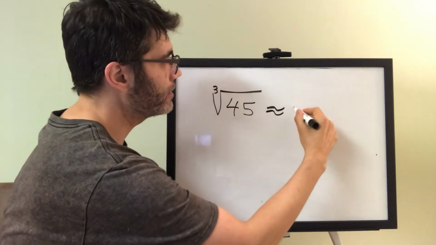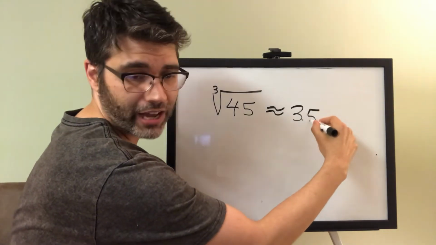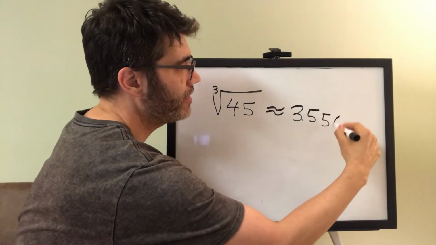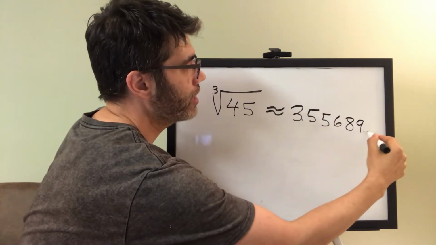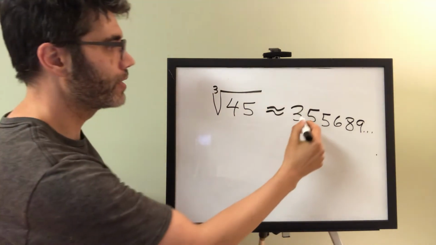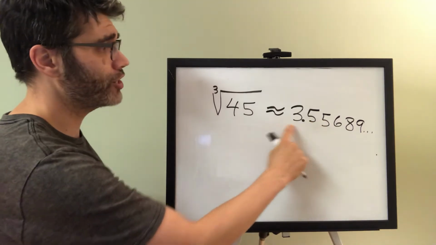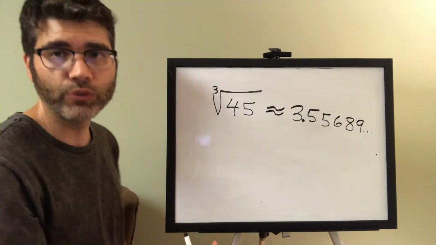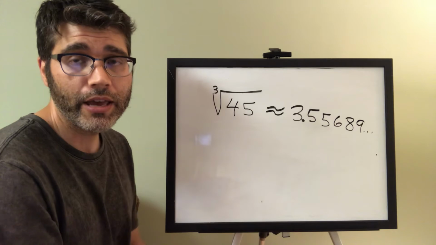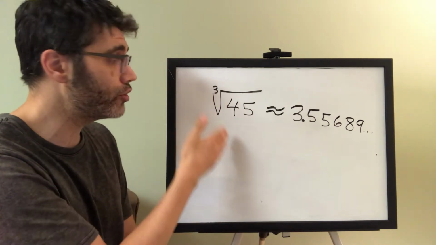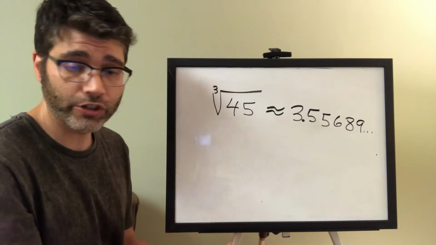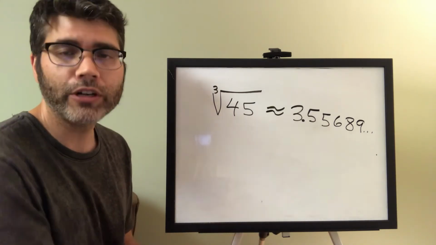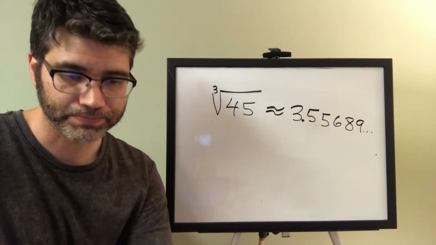So we'll say it's approximately 3.55689, and it goes on forever and never repeats. So this is the irrational cube root of 45. So you can come up with irrational numbers finding the cube roots of non-perfect cubes.